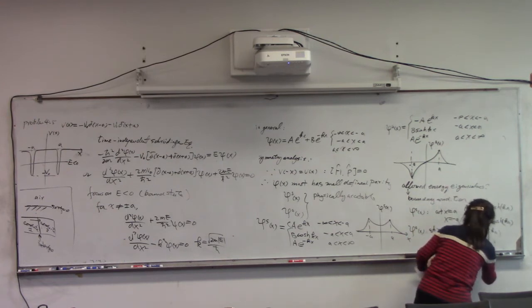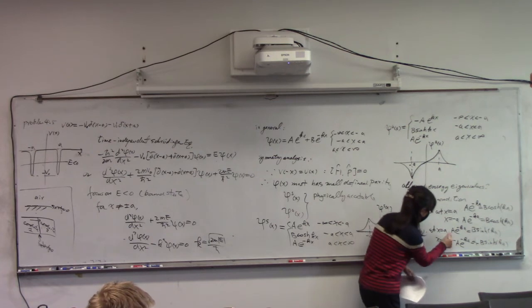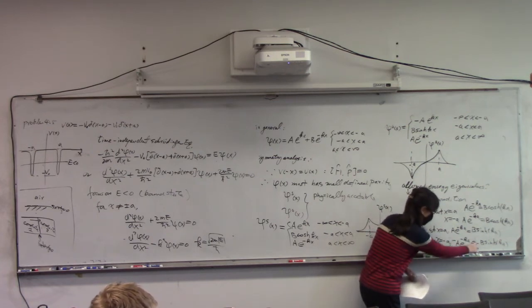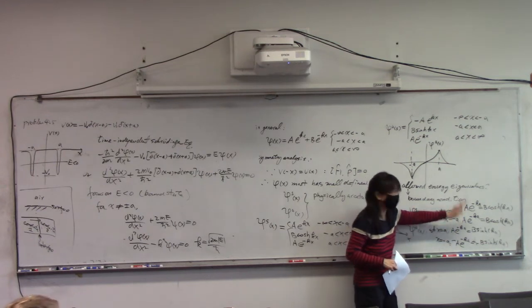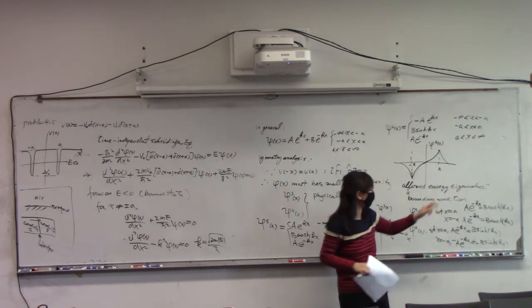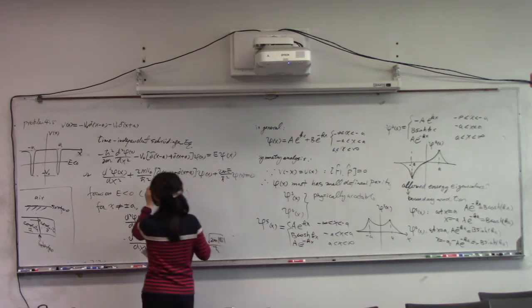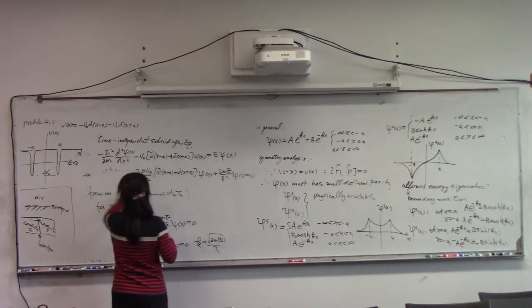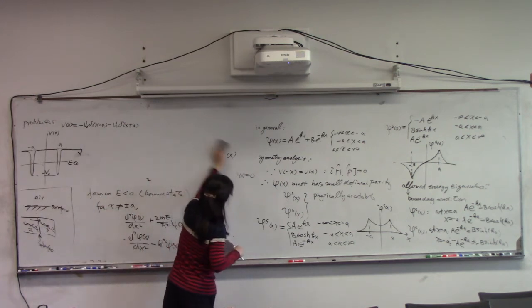So minus B sinh(ka). Then you can see the minus signs cancel, so these two equations are the same. We just take one of them, which is enough. That is the condition we have applied for the continuity of the wave function.